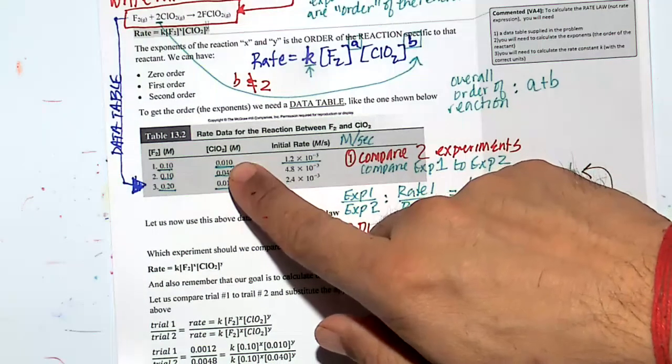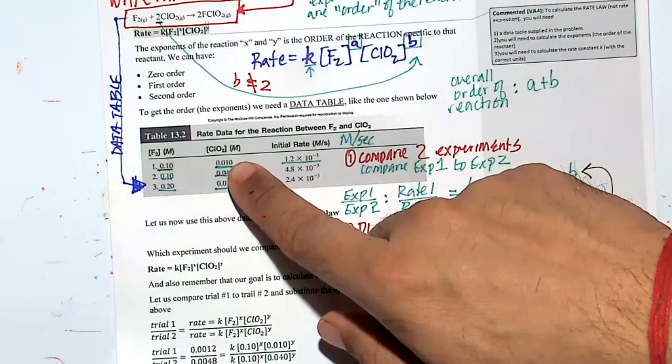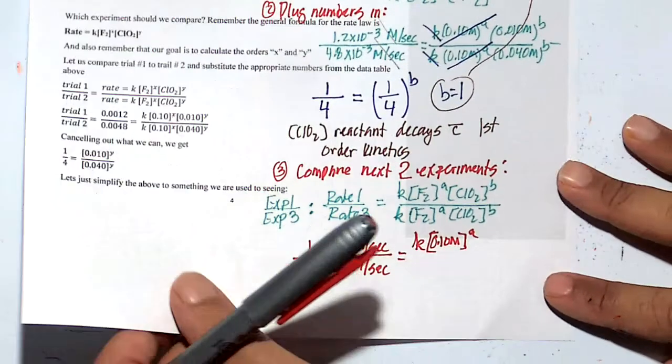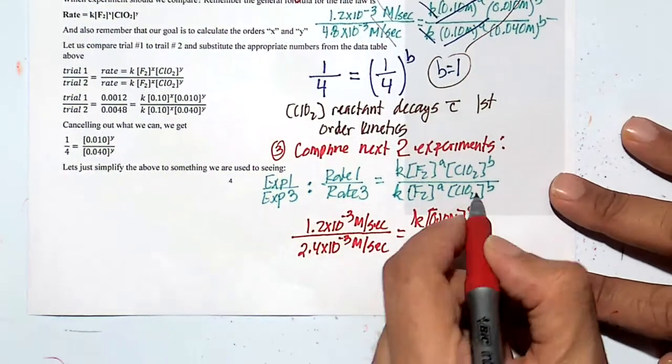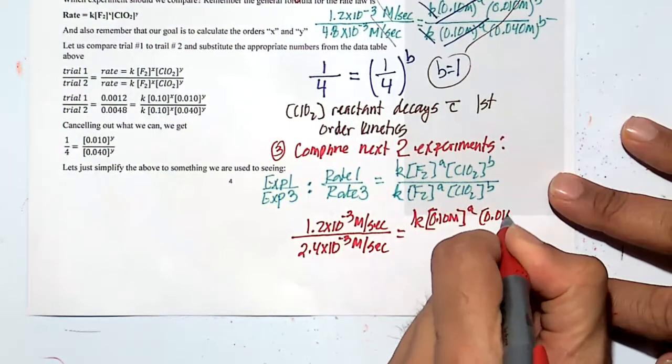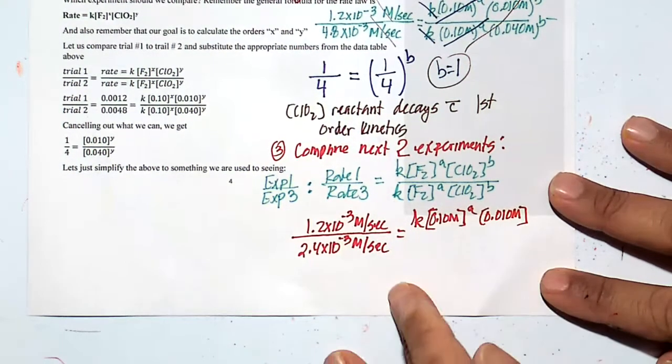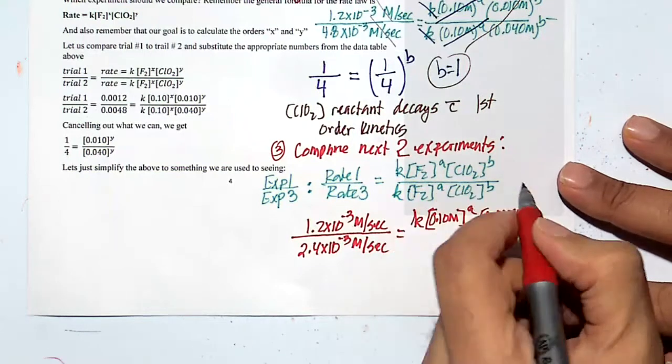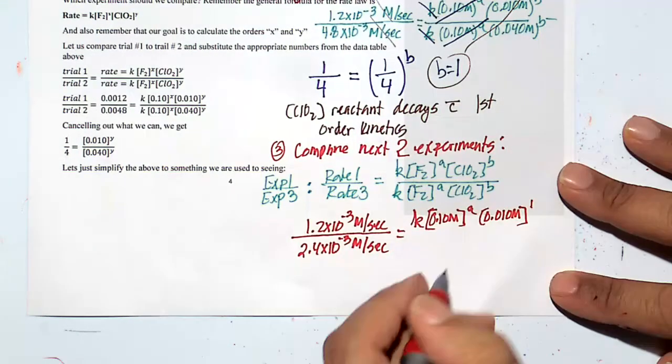ClO2 for experiment 1 is 0.010, raised to the power of B, but we know B is 1. Actually, we solved for that previously.